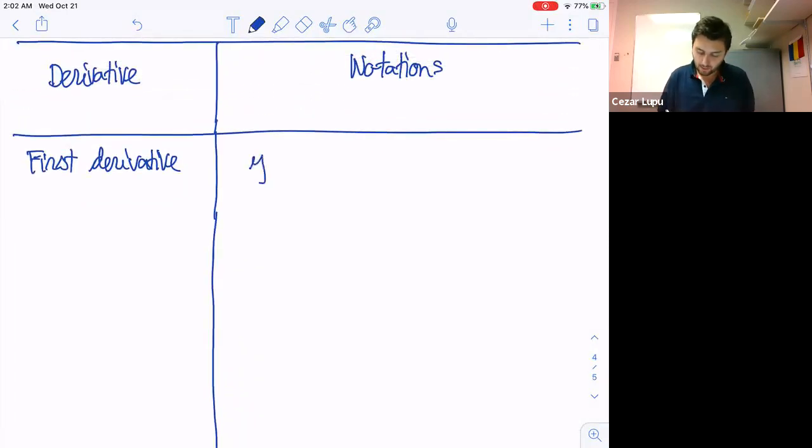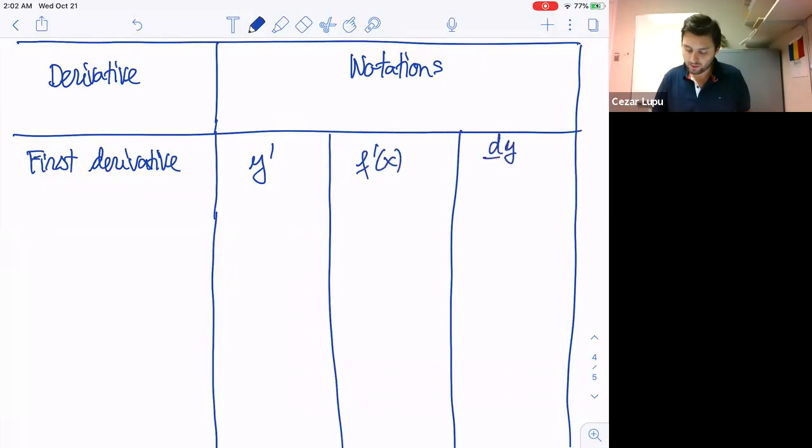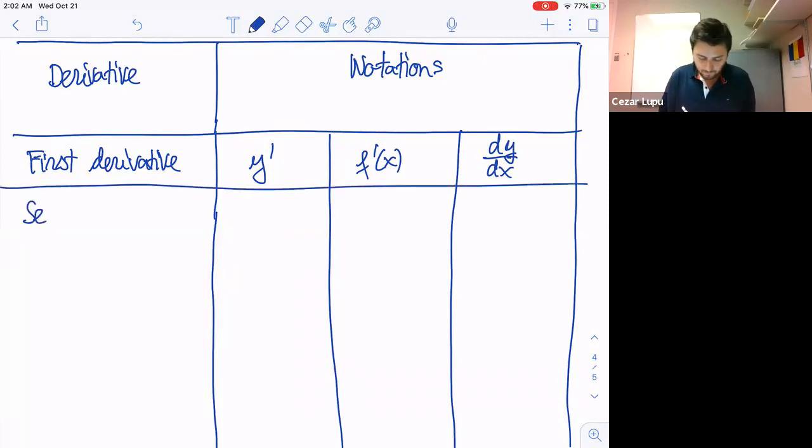We will have y prime, or we can write this as f prime of x, or sometimes we just write in Leibniz notation dy over dx, right? We have the function y, a function of x, and we take the derivative of the function y with respect to x.